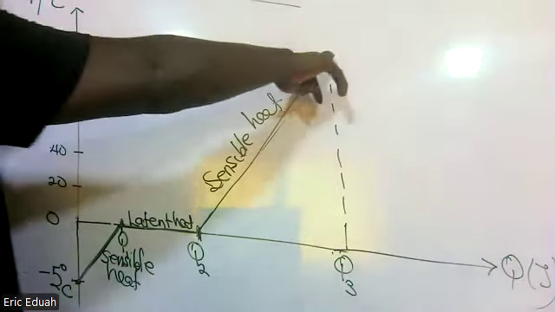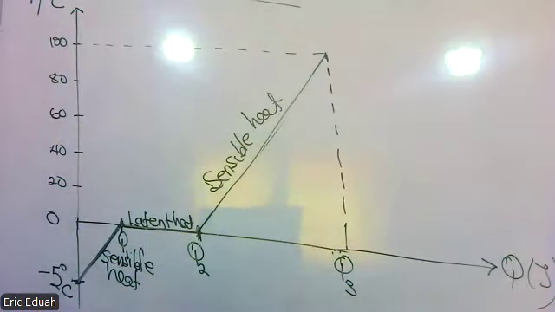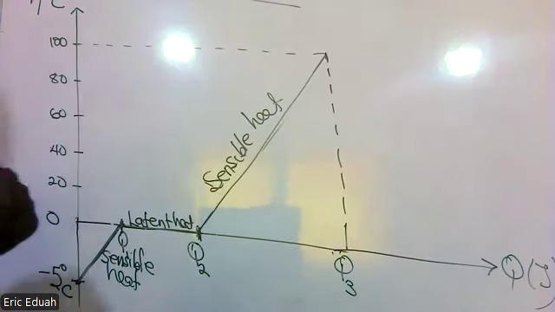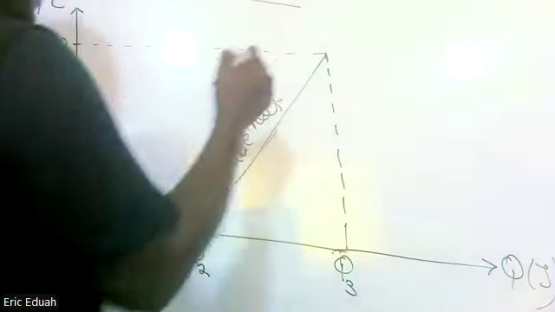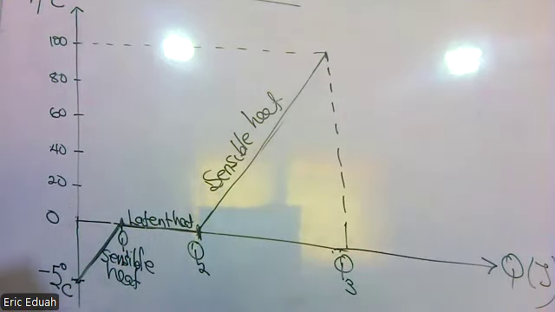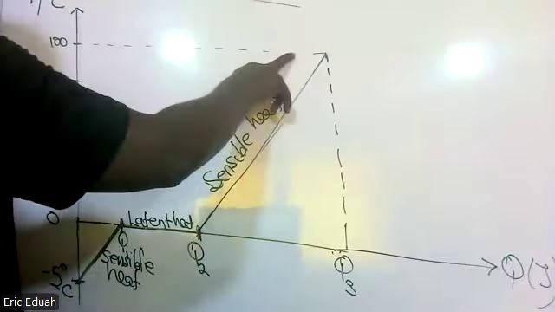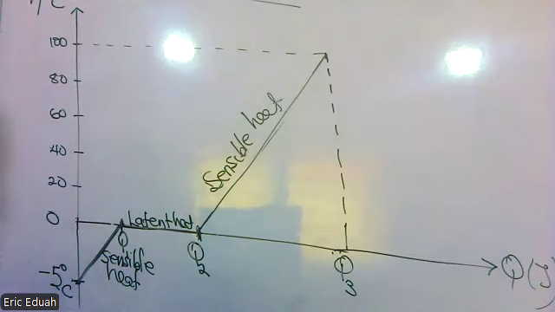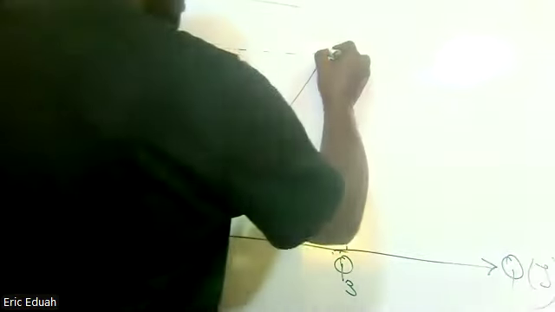Over here we have water at 100. Okay, we have reached the boiling point of water. So that amount of heat energy must also be absorbed in order to change state from water at 100 to steam or vapor at 100.